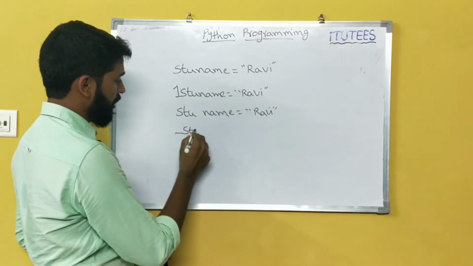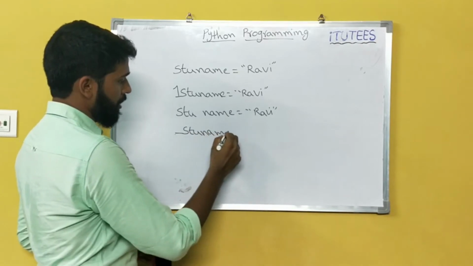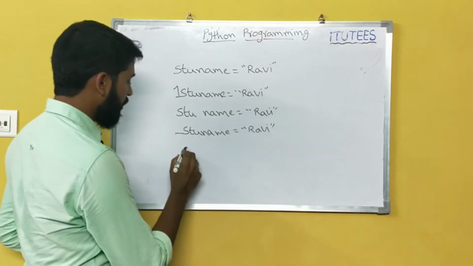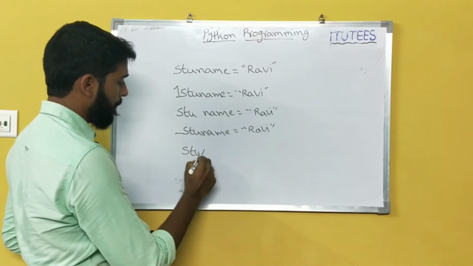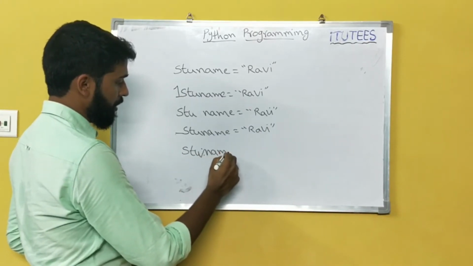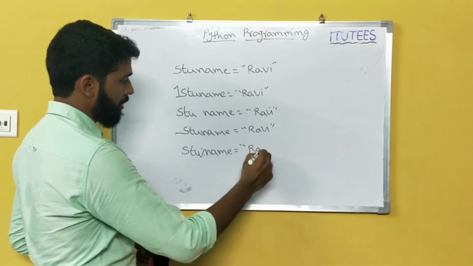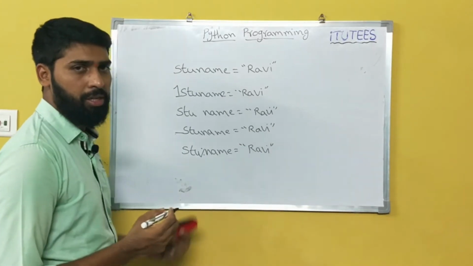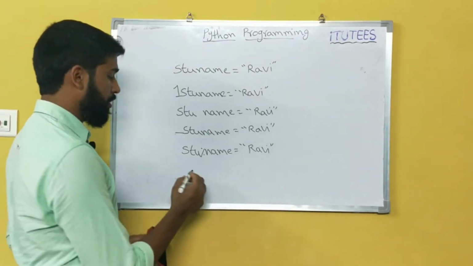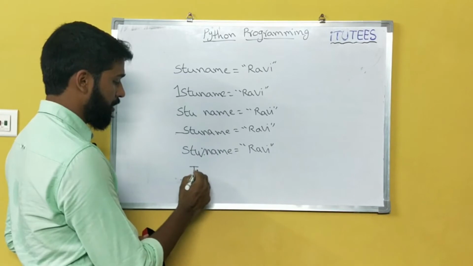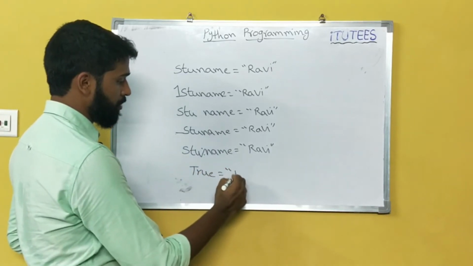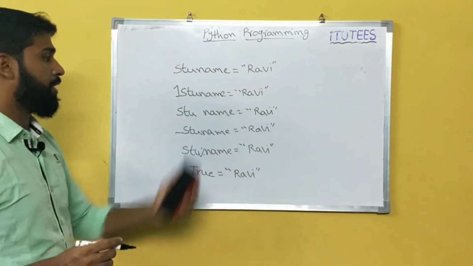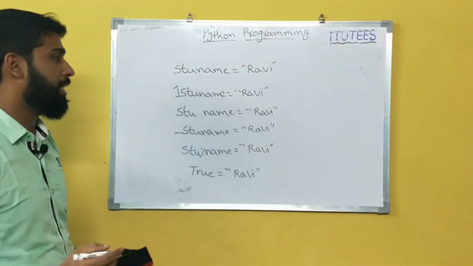Underscore stu_name equals to Ravi. Stu percentage name equals to Ravi. And in the previous class we saw 2 keywords, true and false. For example I am giving true equals to Ravi. Now we can check what are the legal names and what are the illegal.